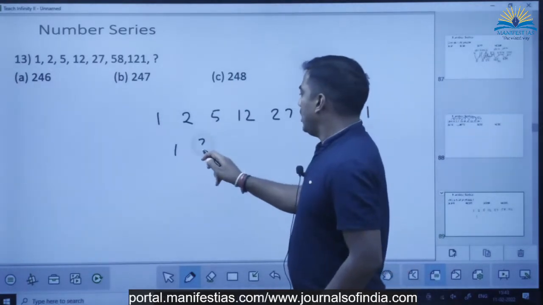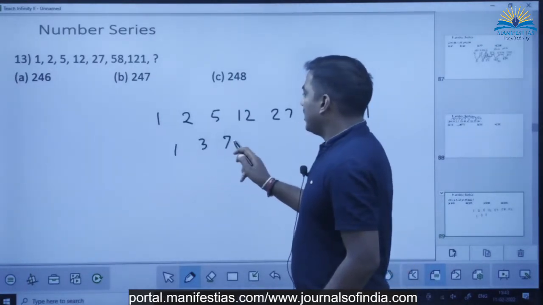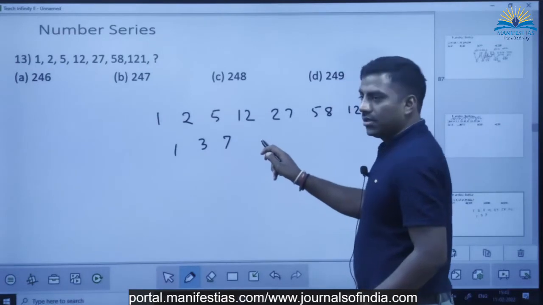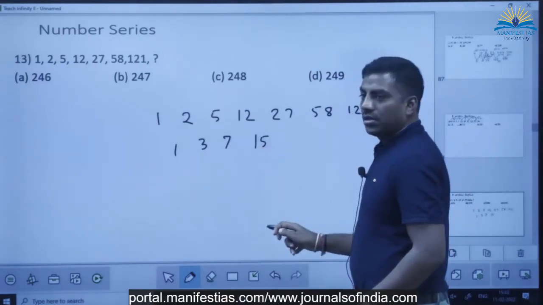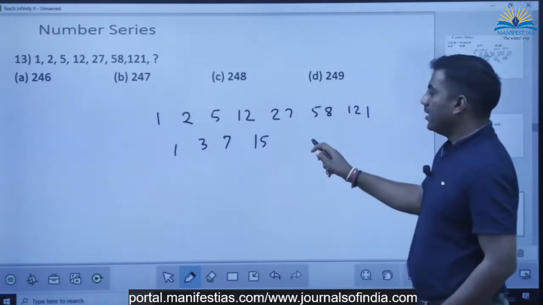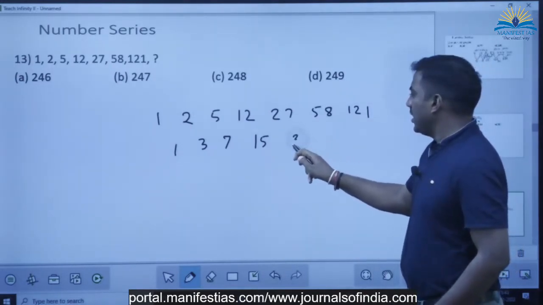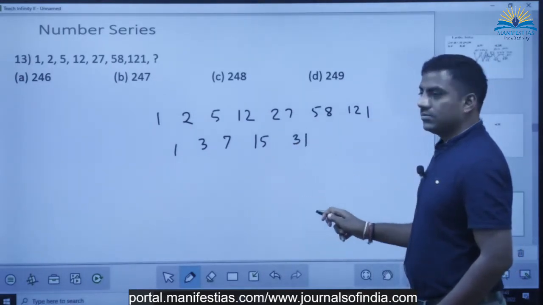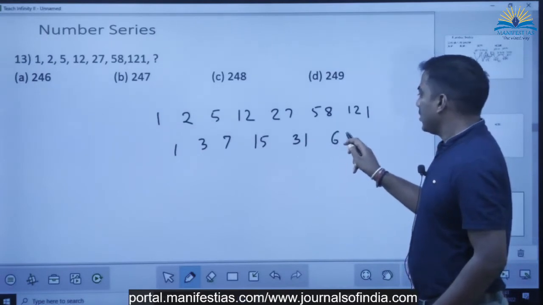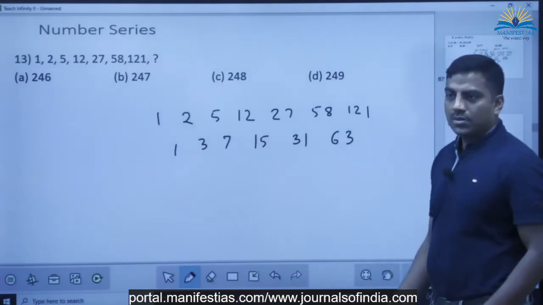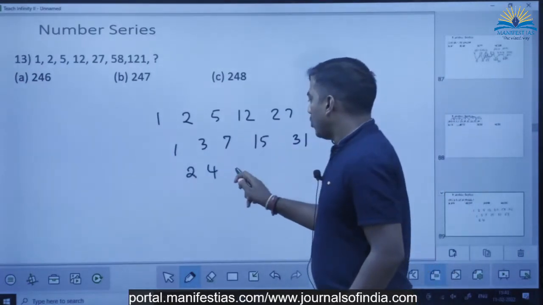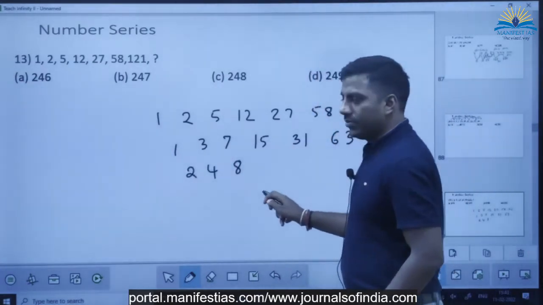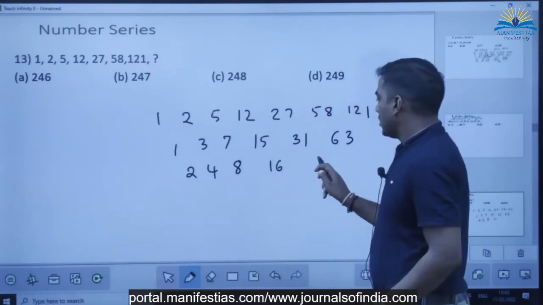1, 3, 7, then 15, yes, then 31, then 63. Now go 2, 4, 8, 16, 32.